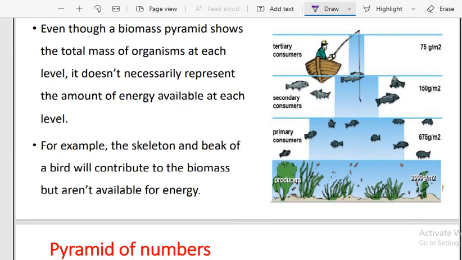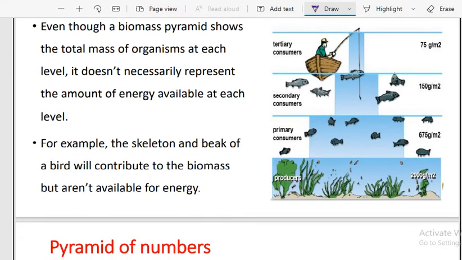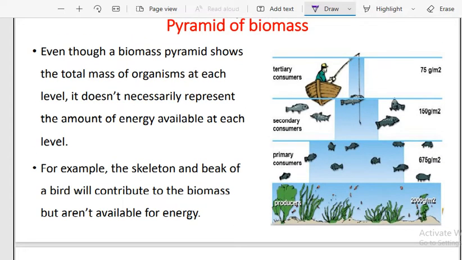I'm not explaining the concept of pyramid of biomass, but let me just read it because it might help you. Now, pyramid of biomass. A biomass pyramid helps to show basically the total mass of organisms at each level.